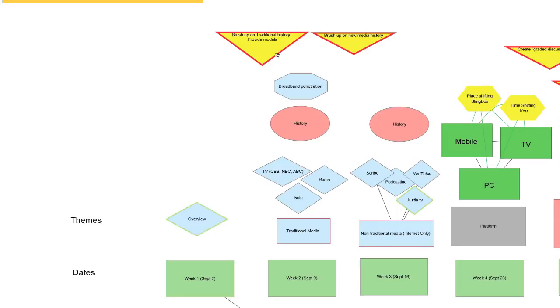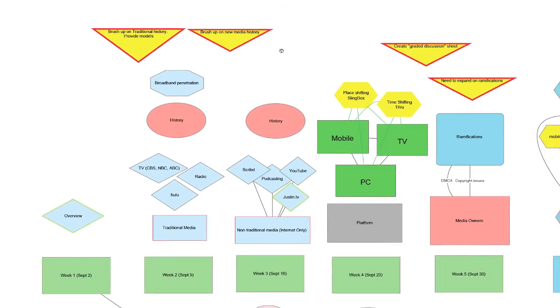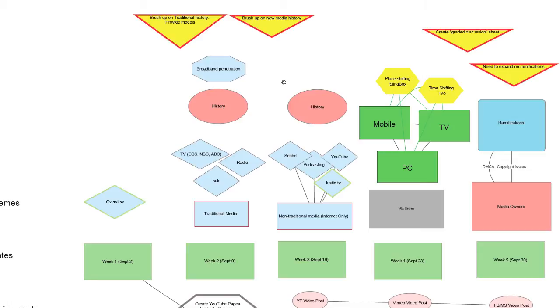But as we go through, we'll see that in week two, we're going to be talking about traditional media. Okay, specifically these three traditional media pieces, a little bit of history, and broadband penetration. Now, before that, you're going to want to brush up on traditional history, brush up on new media history.